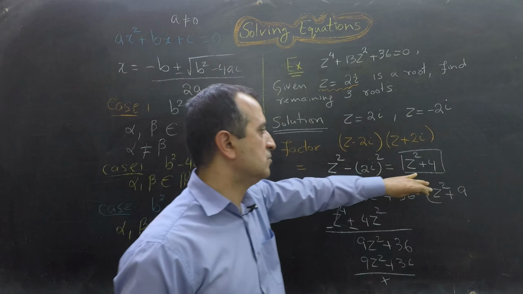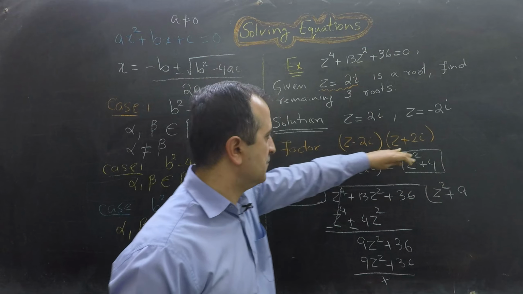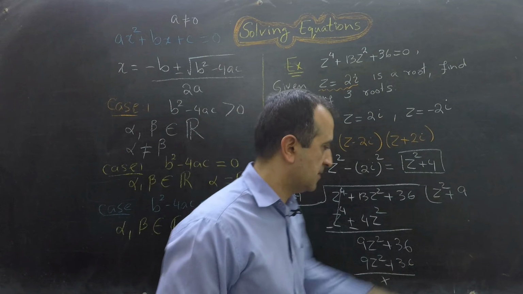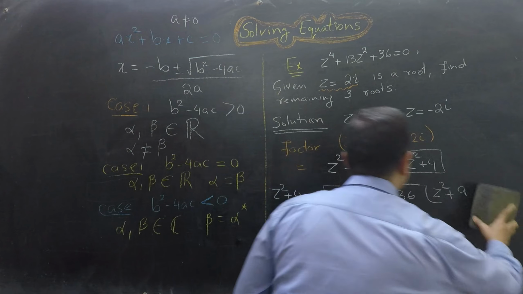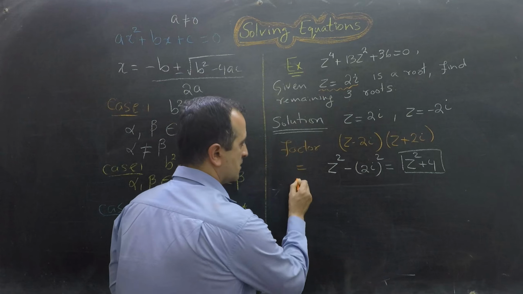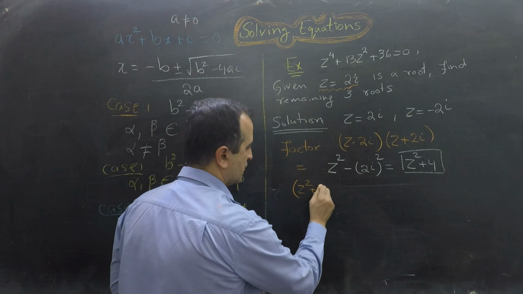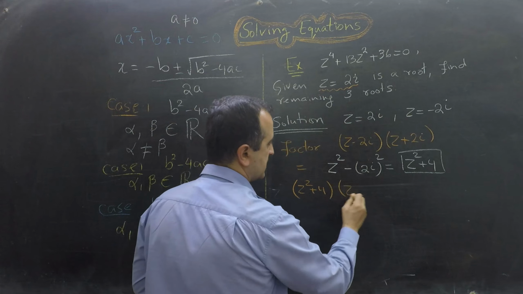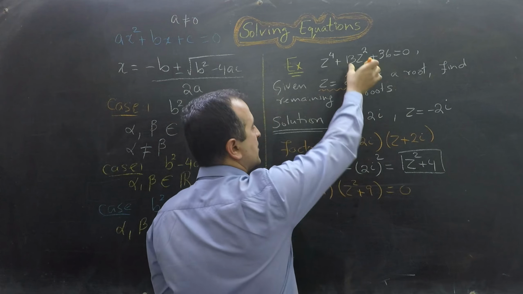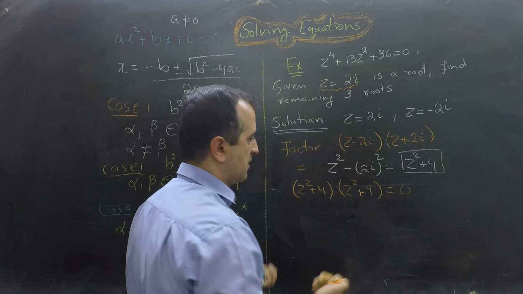I already know the roots of z square plus 4, which are these roots. I have to find the roots of z square plus 9. So I have z square plus 4 times z square plus 9 equals to 0. This equation and this equation are the same.